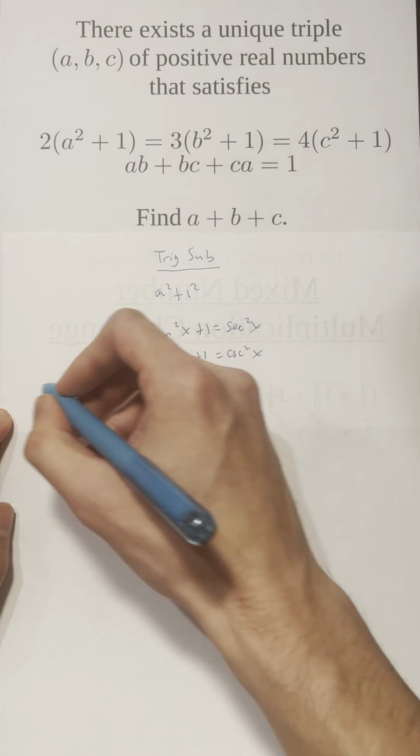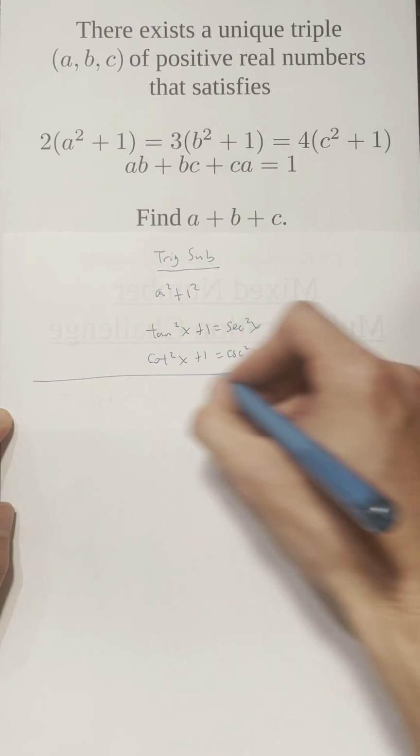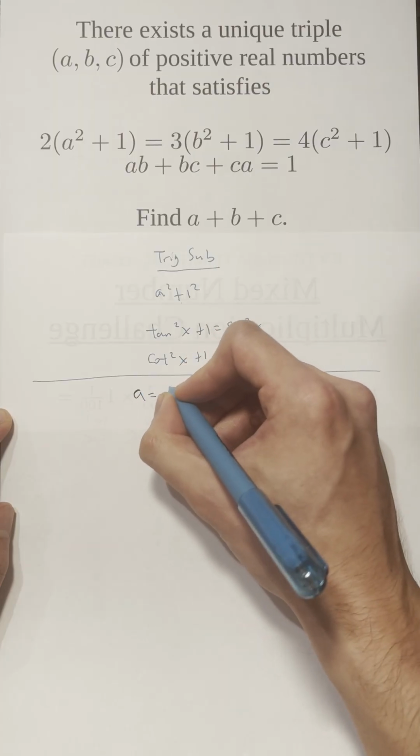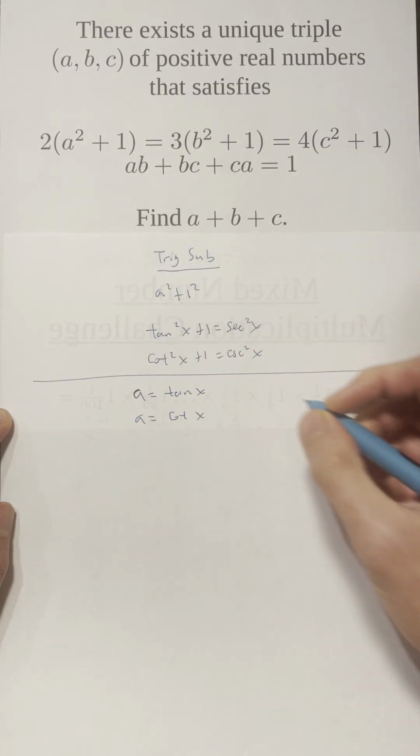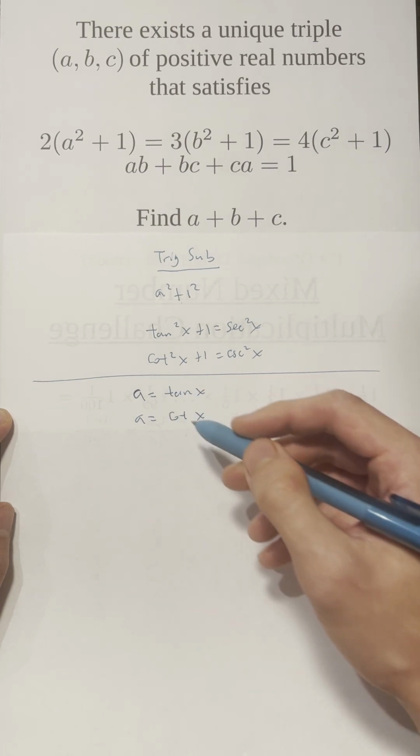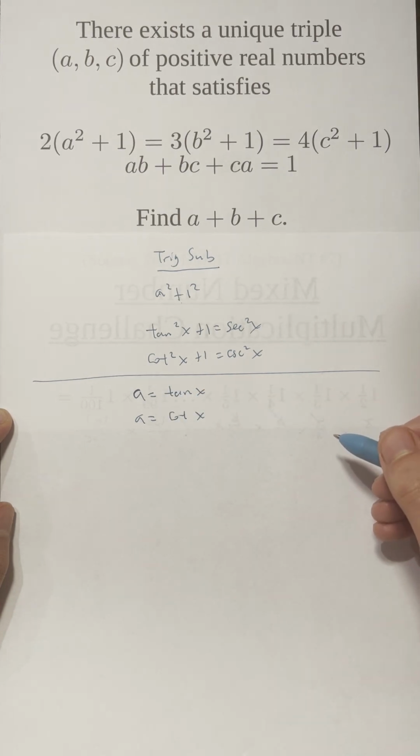So our possible trig substitutions would be A is equal to tangent x, or we could do A is equal to cotangent x. So let's try them out. We could try out both and see if there's one we like more than the other.